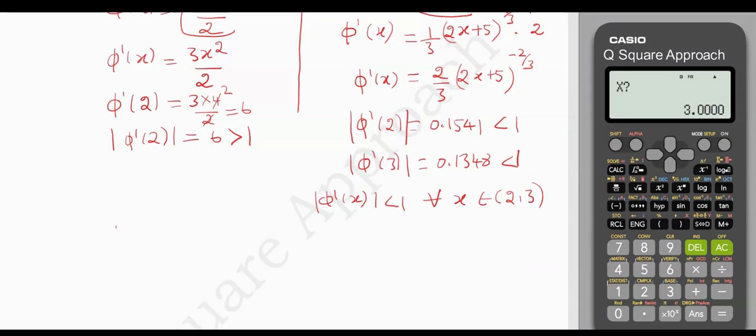Now we have x is equal to phi of x is equal to (2x plus 5) whole power 1 by 3. In general, we will take it as x n plus 1 is equal to phi of x n.